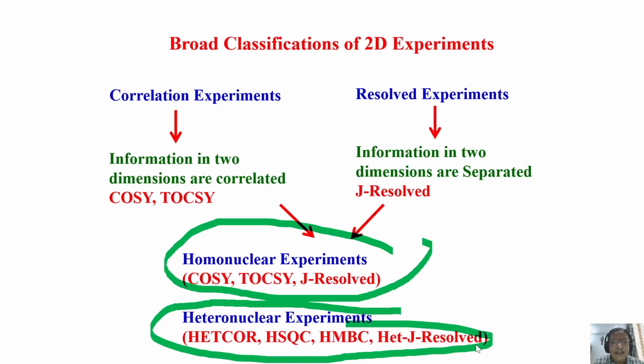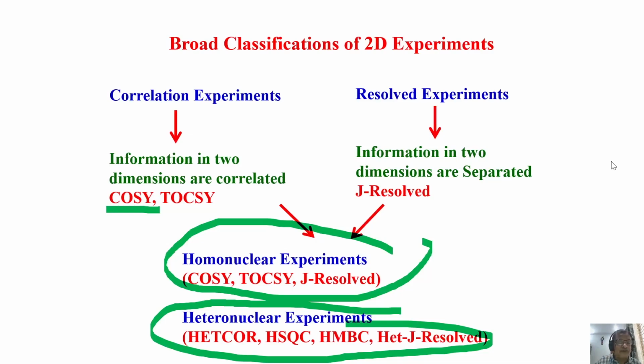As we go ahead, we'll understand some of the sequences. Of course, for each and every sequence you can understand how we get the information. Mathematically you can understand the spin physics, trace the magnetization pathway, how it is moving right from before application of the first pulse, when it is in thermal equilibrium, till the end when we detect the signal.